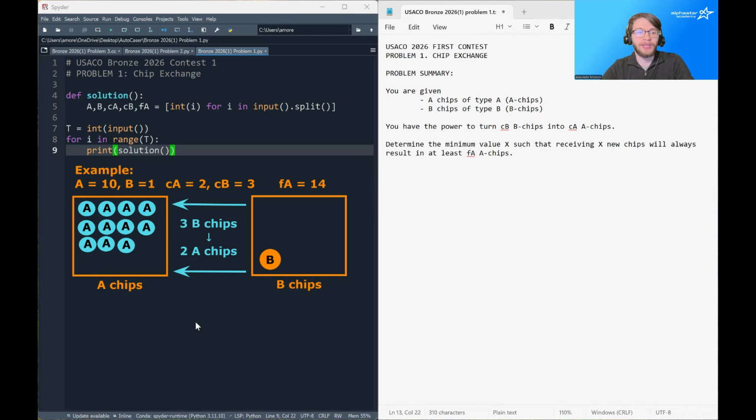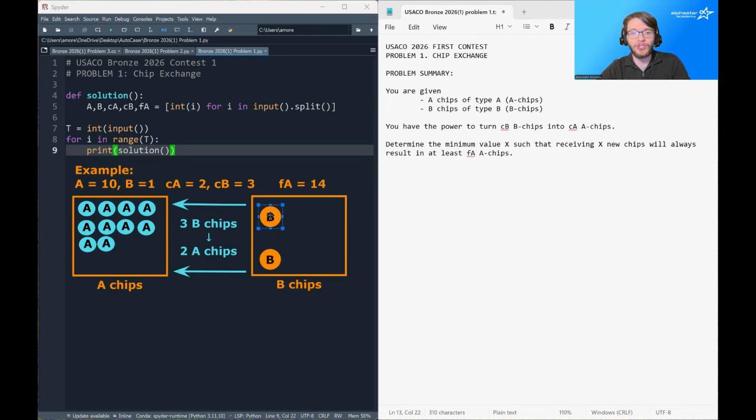However, if we take a look at the exchange rate between A chips and B chips, we can see that it requires more B chips to produce an A chip. So it might be a slower path to give myself B chips instead. And when I say slower, I mean requiring more chips.